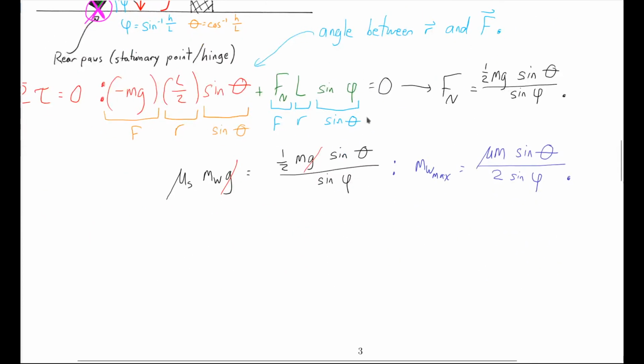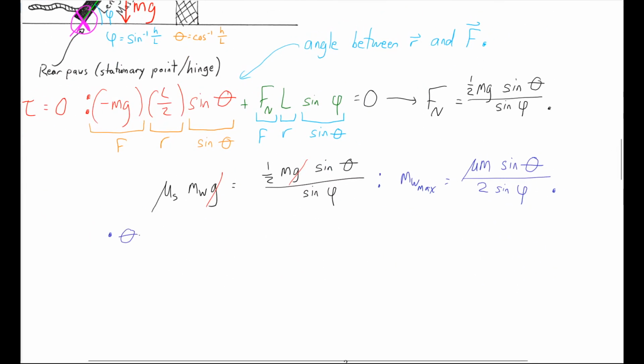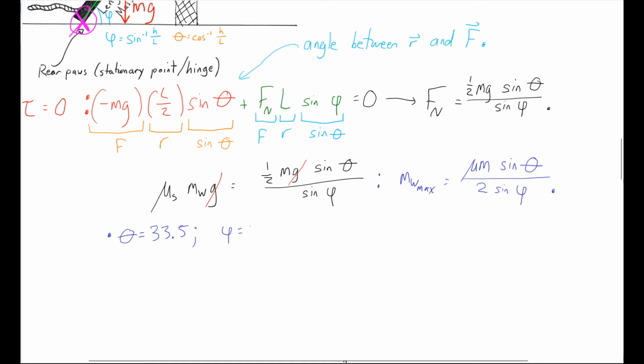So theta is 33.5 degrees. And phi, I don't need to type things in again because those two angles are complementary. They add up to 90, so that's going to be 56.5 degrees.